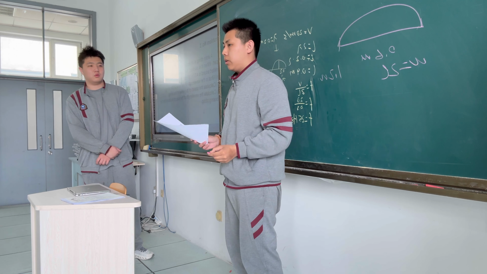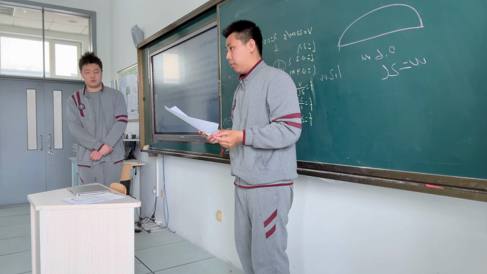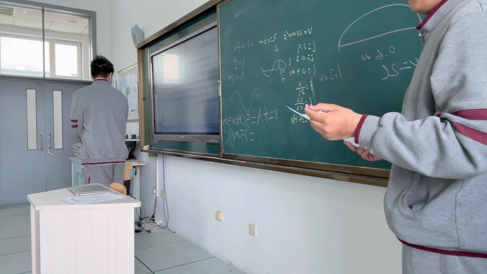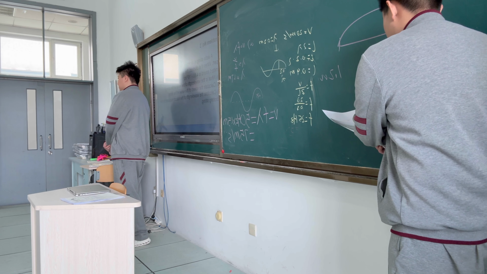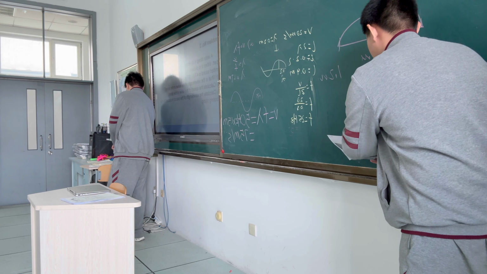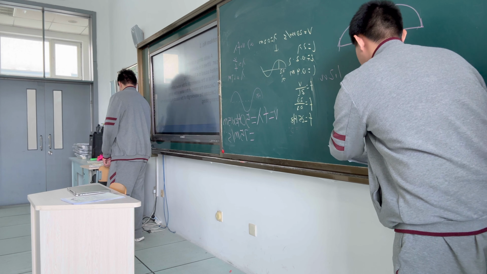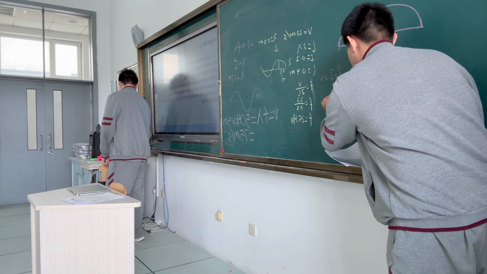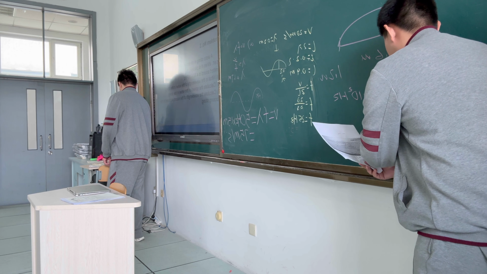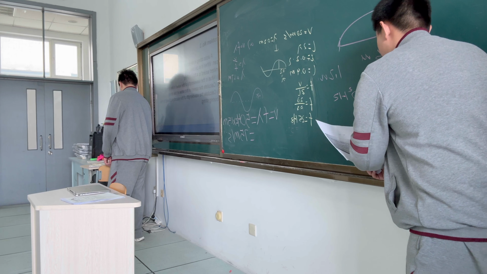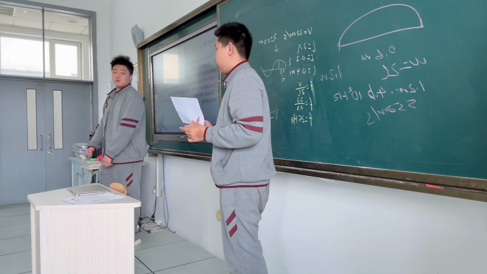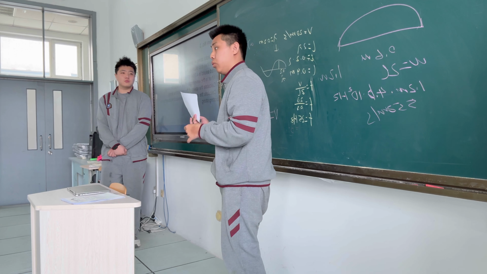For the second question, if we know the wavelength, it's easy because we can use the formula and multiply the wavelength by the frequency. The result will be 552 meters per second.